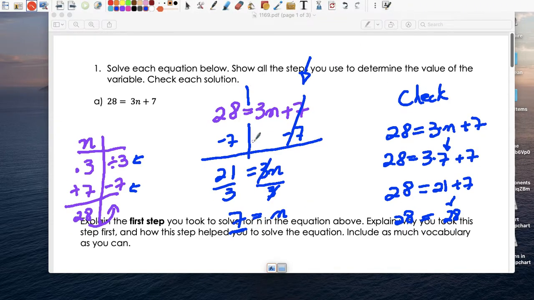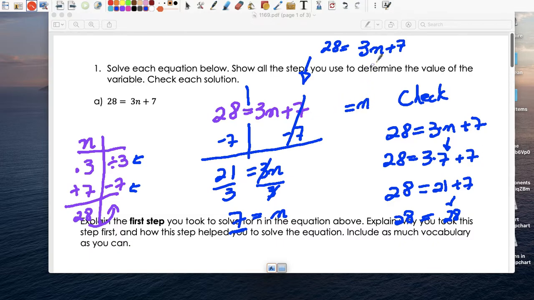So the first step was to remove, so we had 3n plus 7 on the right side, and we had 28 on the left side. We want this equation to eventually look like n equals something.